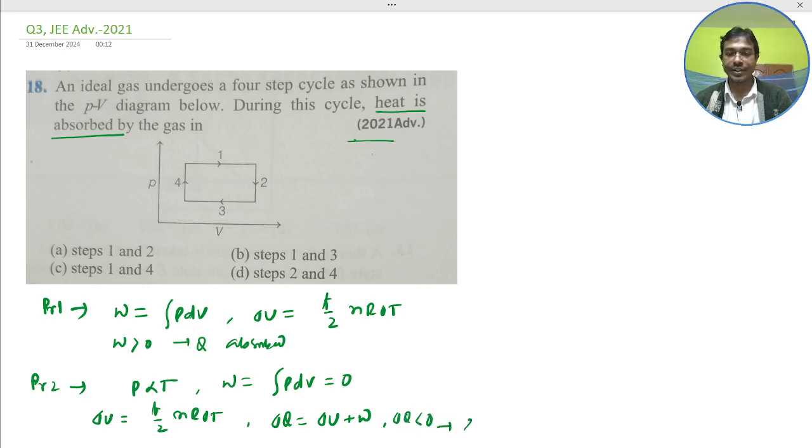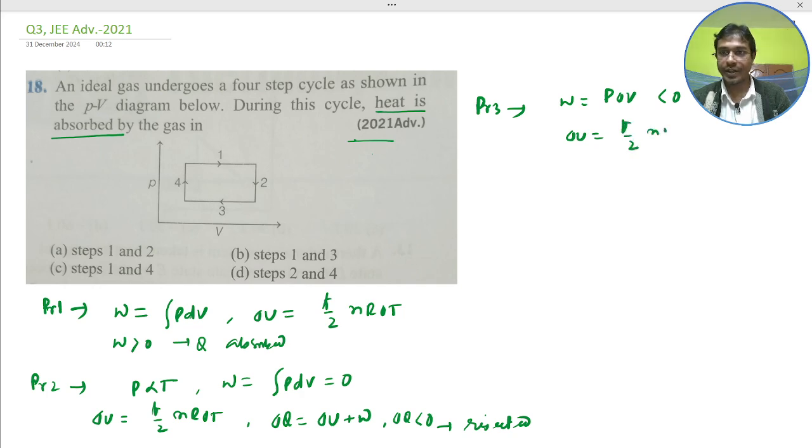So here heat is rejected in this process. Process 3: W = PΔV is negative, ΔU = (f/2)nRΔT is negative, and ΔQ = W + ΔU by the first law is less than 0. So here it is rejected.